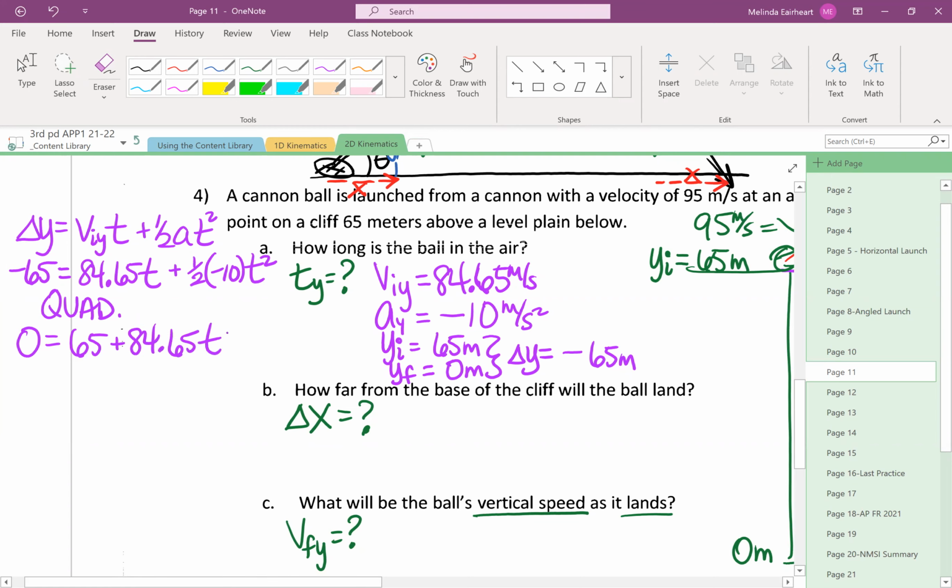I just don't know the song. Or you can graph it. I grew up before graphing calculators were a thing. And so if you want to do quadratic, sing your song, put it in the calculator, go for it.